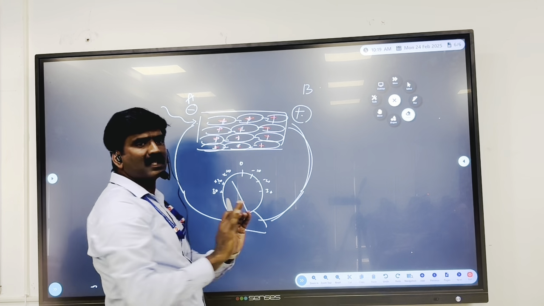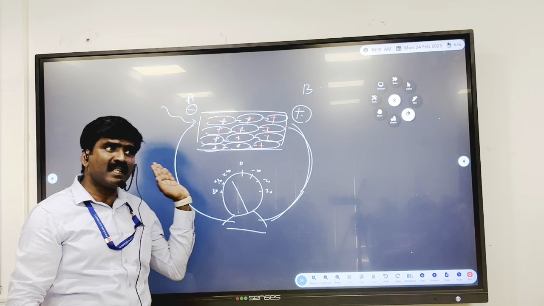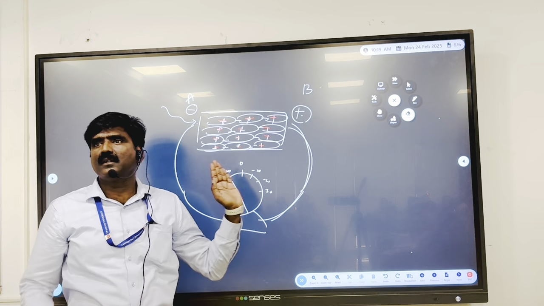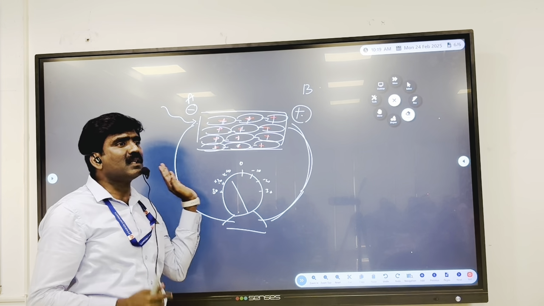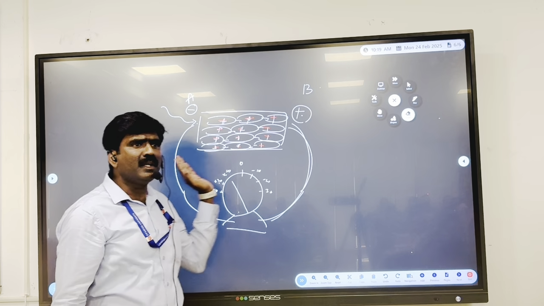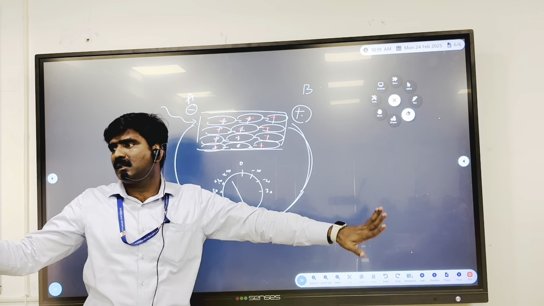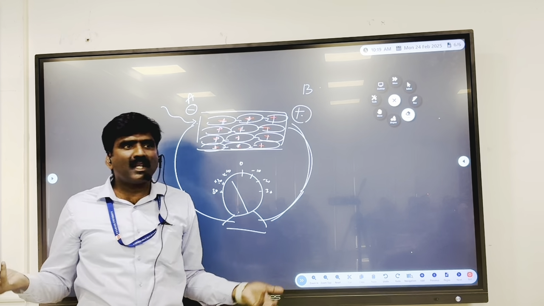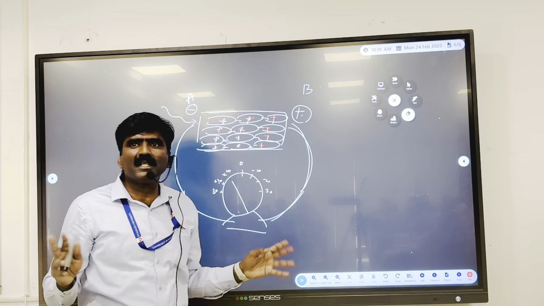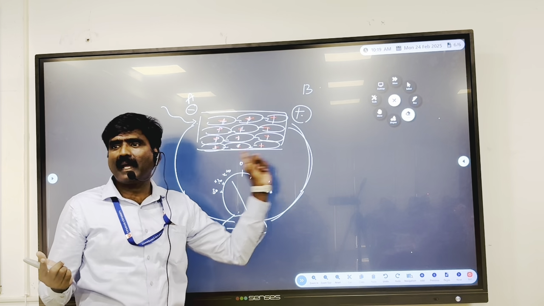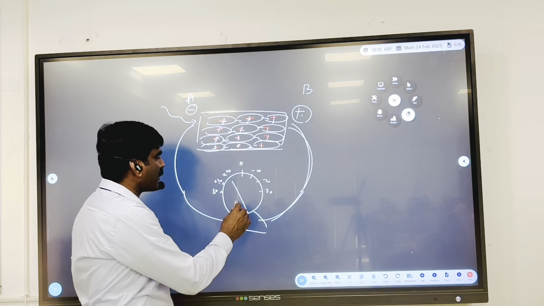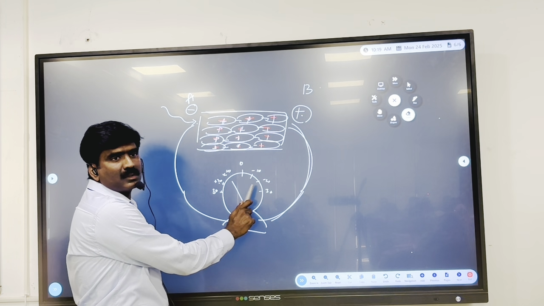This wave will disappear. Previously the positive wave was moving. Now all the cells have become depolarized and it is completely positive. Now there is no current flowing within the electrode. Again, what will happen? The needle will come back to neutral position.